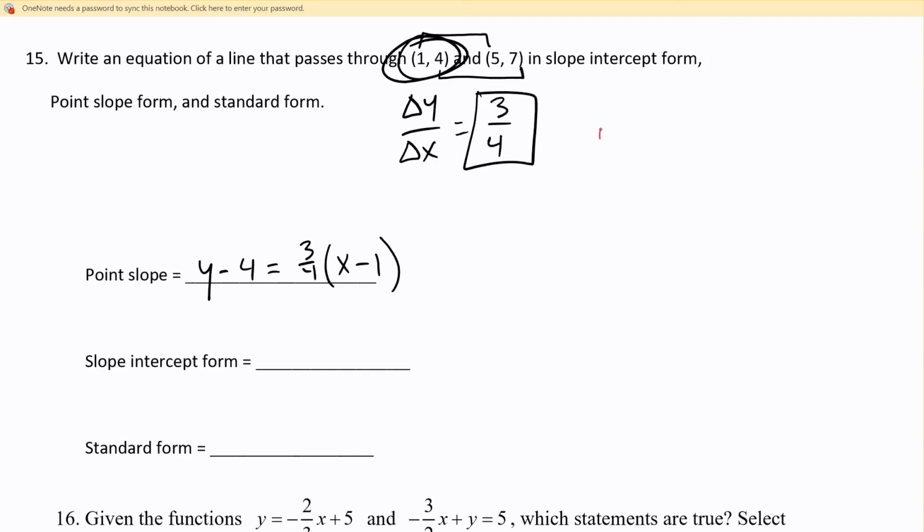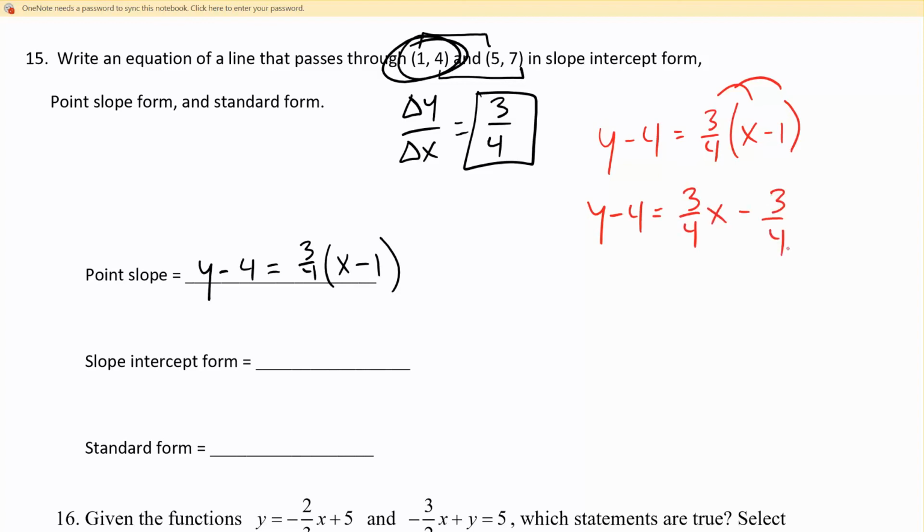So our problem, y minus 4 equals 3/4 times the quantity x minus 1. And in slope-intercept form, we don't have parentheses, so we'll distribute this and we'll get y minus 4 equals 3/4 x, and 3/4 times negative 1 makes negative 3/4. And now we'll add 4 and add 4, and we'll get y equals 3/4 x plus, now what's $4 minus 75 cents?